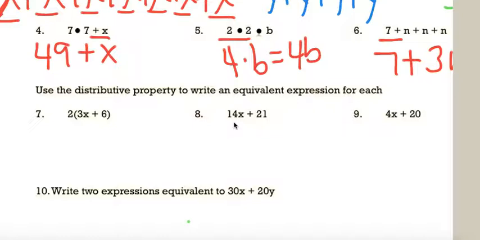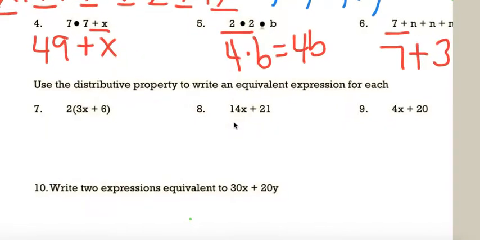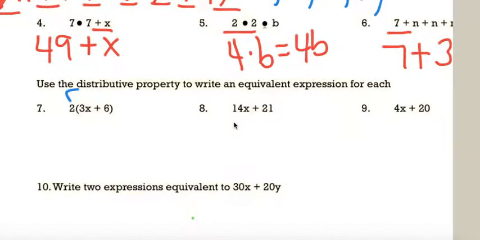So I'm going to start with 2 times 3x, which gives me 6x. Then I'm going to take my 2 and add it to the 6, which would be just 12. Now, what was the operation inside the parentheses? It was addition. And there is my answer.